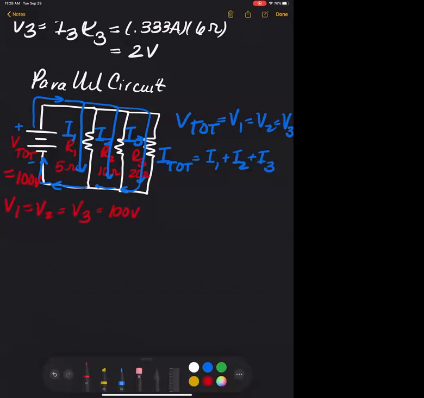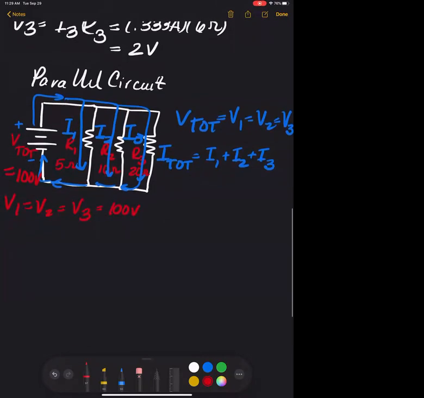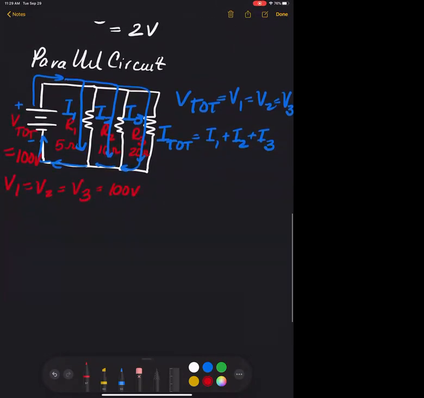But their currents are going to be different, okay? So I can figure out what the currents are based on the resistances, okay? So the first thing I can do is I can take this and I can break it down into one, or I can combine it into one resistance.